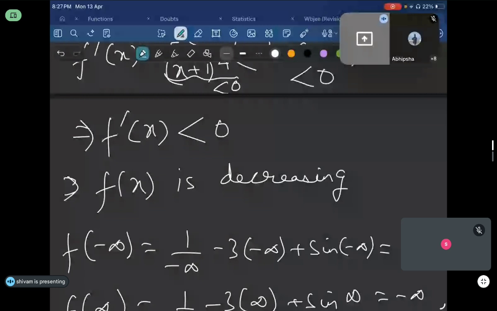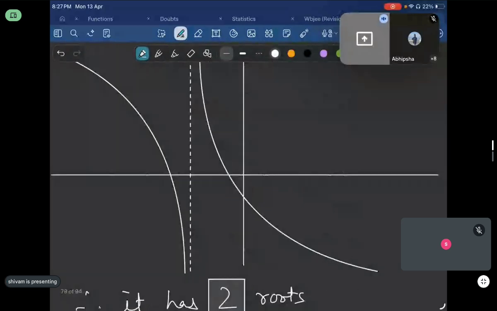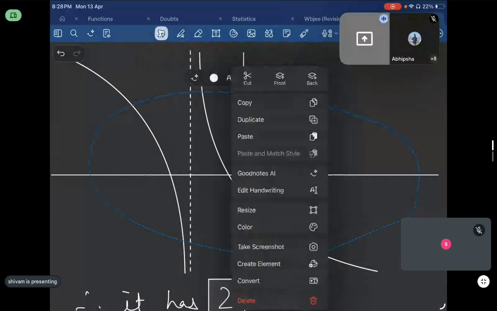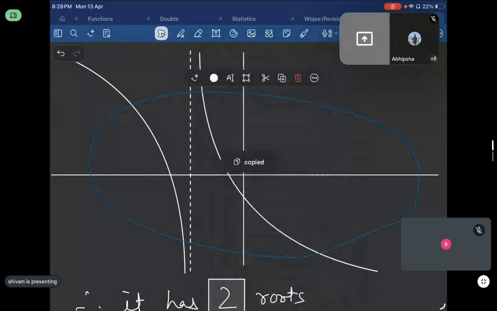But is the function one-one? Tell me. Look at the graph and tell me. It's not one-one.